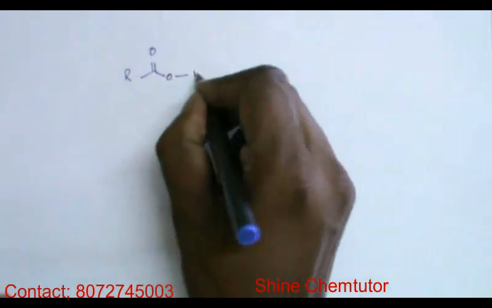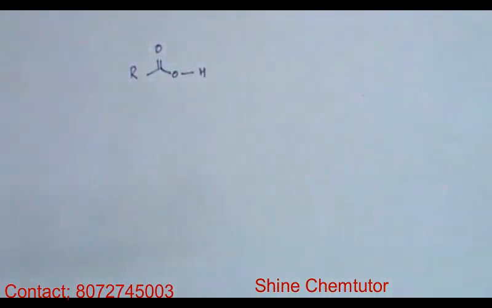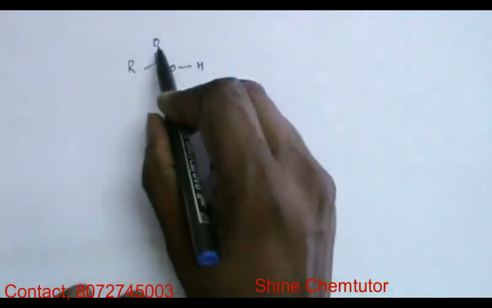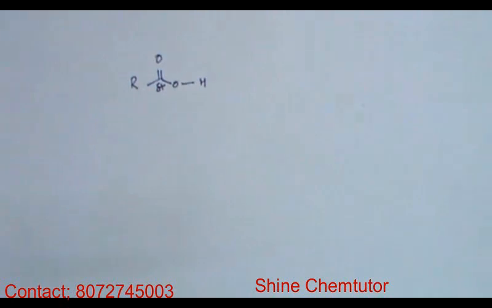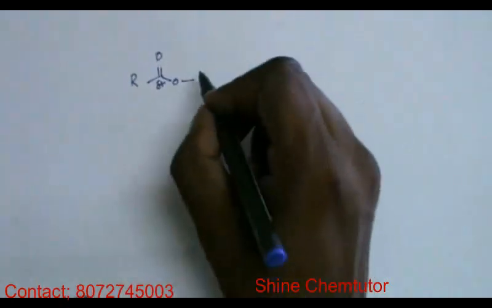First, I go for acid. In carboxylic acid, we have del plus on this carbonyl carbon. Also, we have del plus on this hydrogen because oxygen is more electronegative.